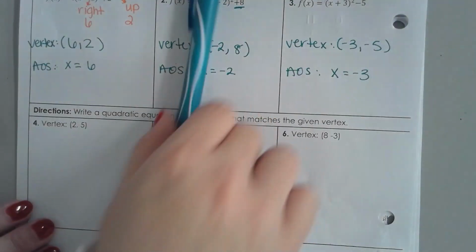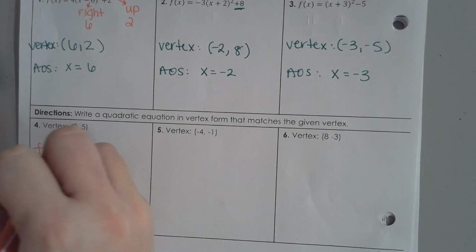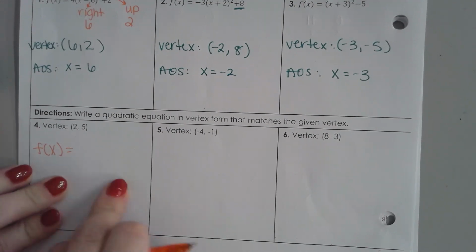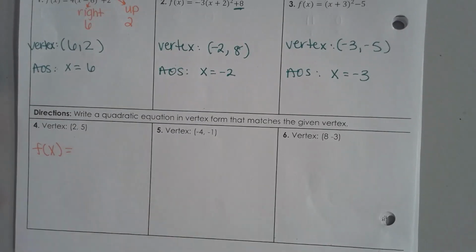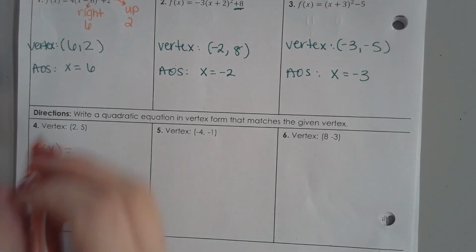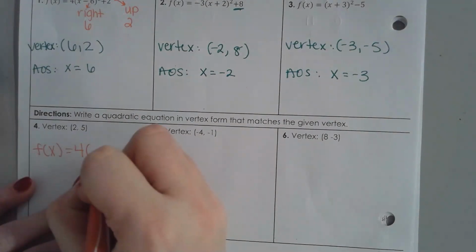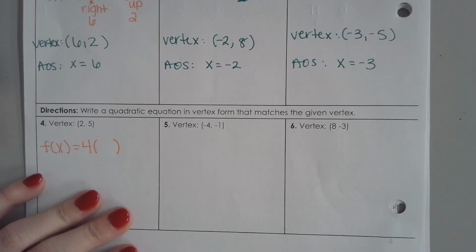Alright, so we are filling in for number 4. Now I'm going to put f of x equals, but if you don't, it's not wrong. You could have any number for your a. It could be positive or negative. That's not going to affect where the vertex is. It does affect how fat, skinny, if it's pointing up or pointing down, but all I care about is that you have one that'll give me the right vertex. So let's just say I put 4. What I care about is, first of all, what do you have in the parentheses? x minus 2.